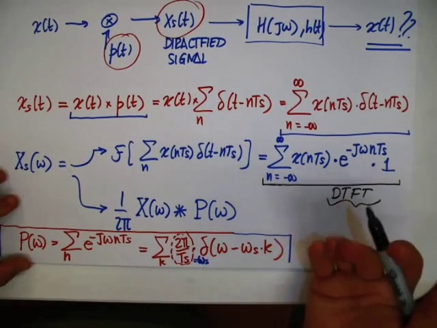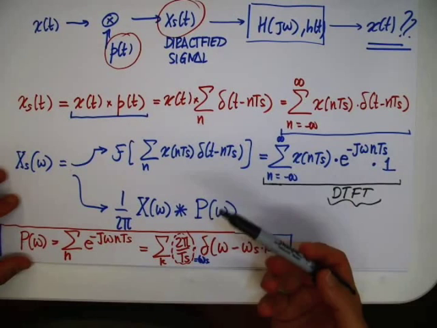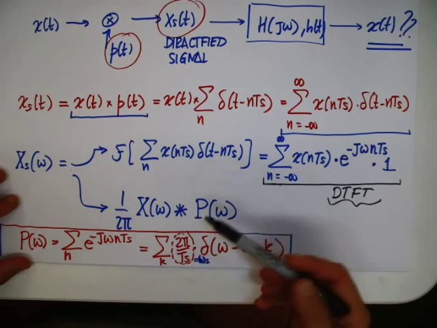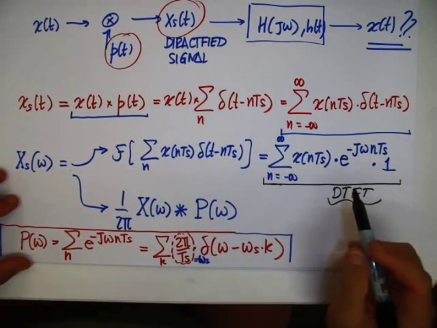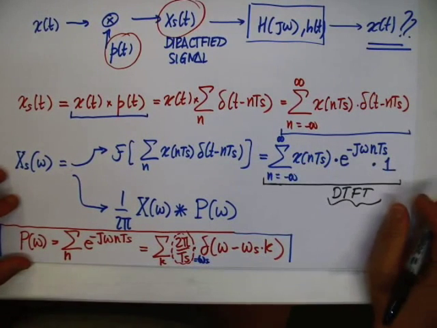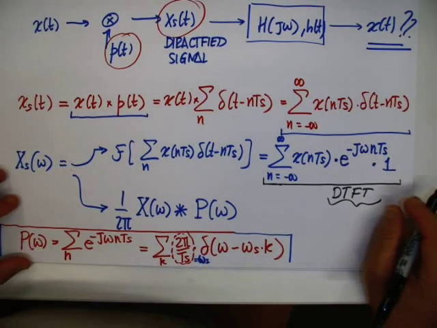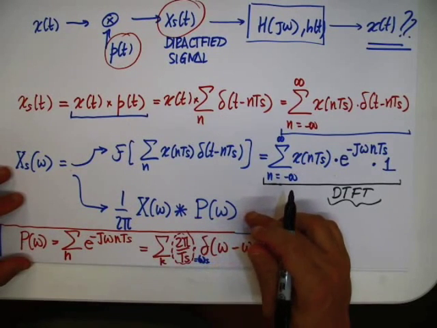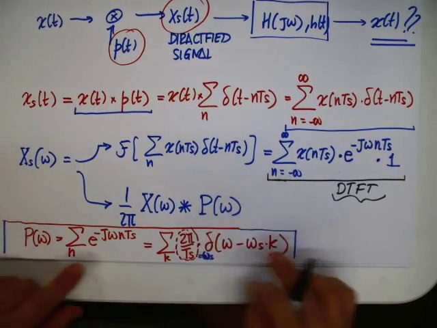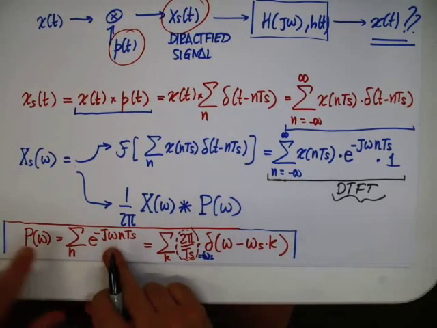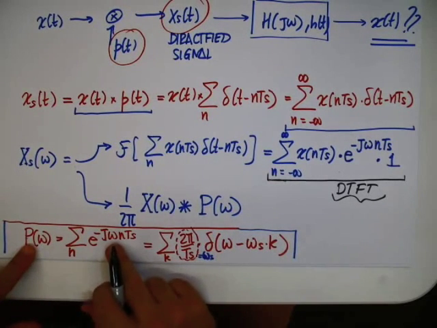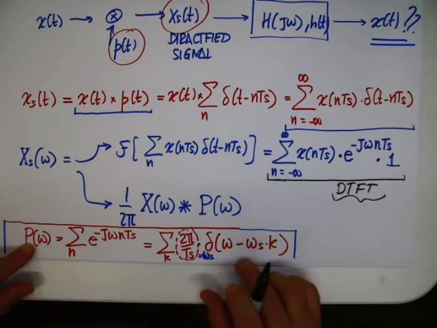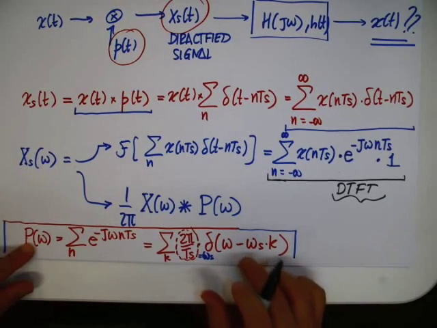But now, when we have convolutions, what is the easiest convolution that you can do? It is when you are convolving a signal with a bunch of deltas. So now, when I want to do this convolution, for sure, I don't want to use this formulation for P of omega given as a Fourier series. I want the original Fourier transform, which is given as a Dirac train in omega.